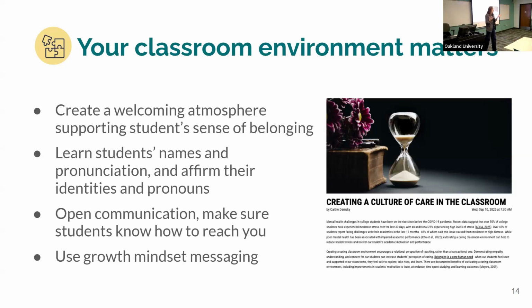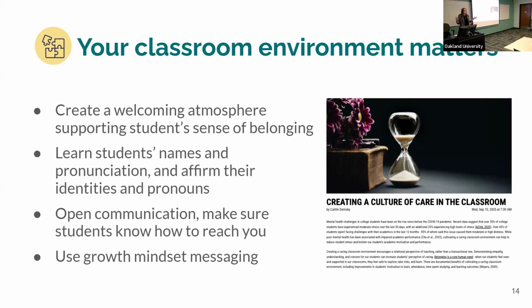It starts with you starting conversations with students, making sure that they feel like they can talk to you, learning their names, how to pronounce their names, affirming their identities and their pronouns, understanding and approaching your classroom with an asset-based approach, saying our students are all important, they're all bringing something unique and valuable to the classroom.